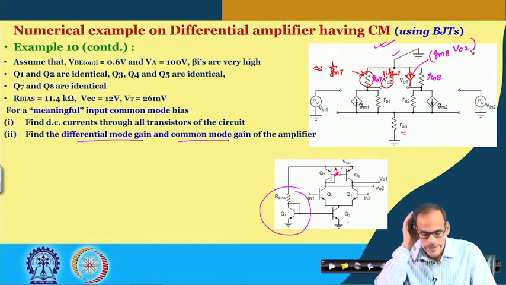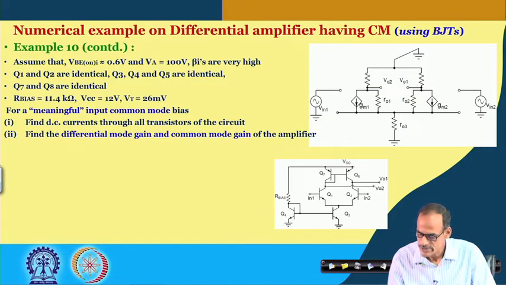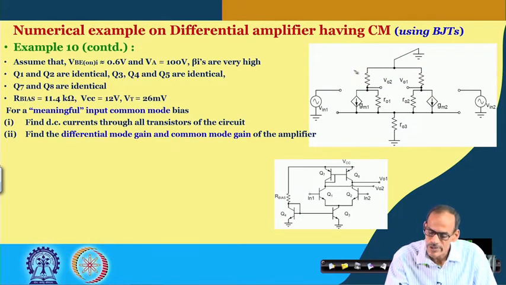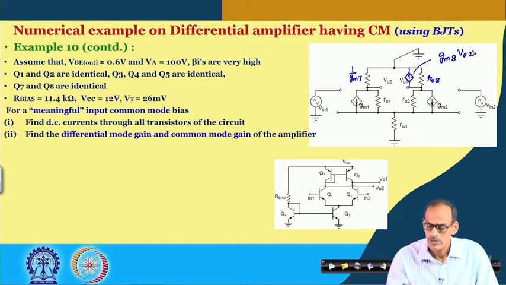In summary, to analyze this circuit we can simplify by saying that this resistance is 1 by gm7, this is RO8, but in addition we have a current flow here which is gm8 multiplied by VO2, and then we have RO1, RO2, then we have gm1 into VBE1.